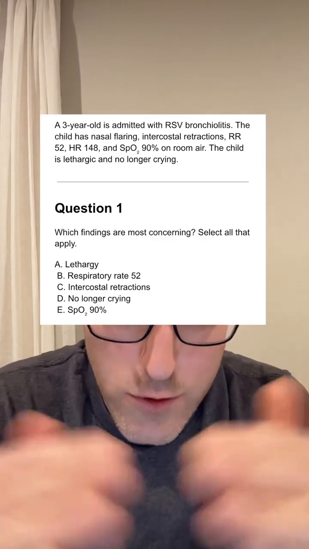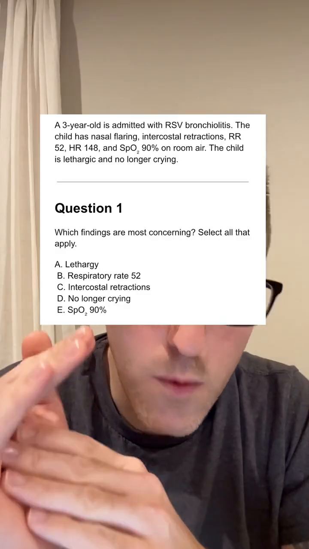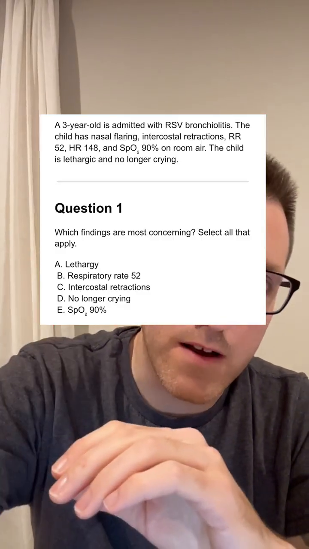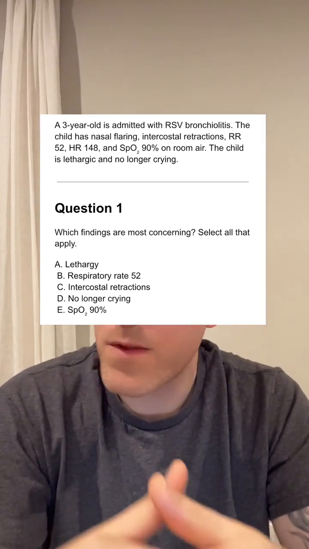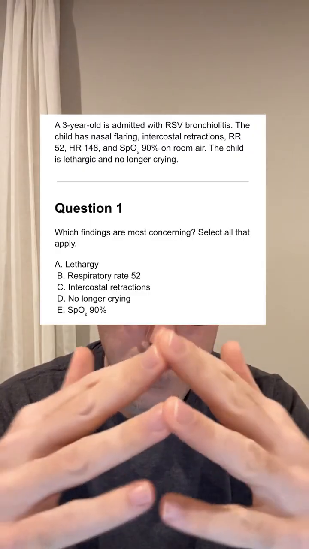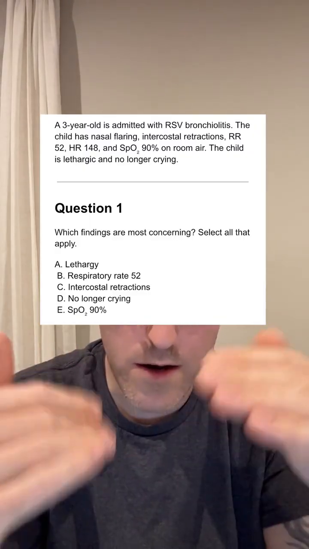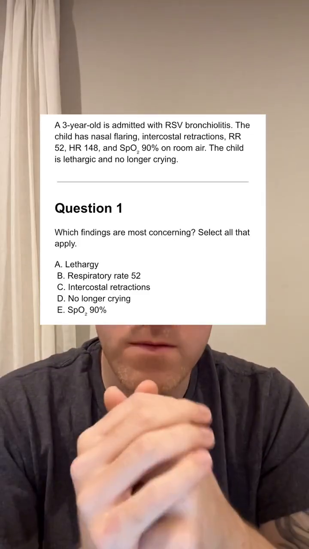That's the clinical judgment skill we're trying to identify with question 1. There's 6 clinical judgment skills within next-gen case studies. So question 1 always assesses if you can recognize cues.